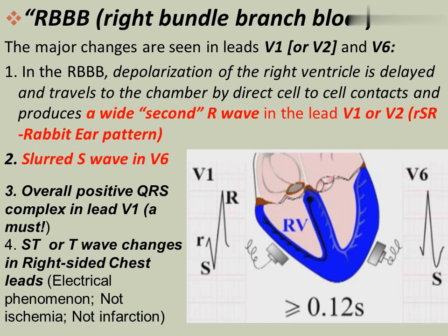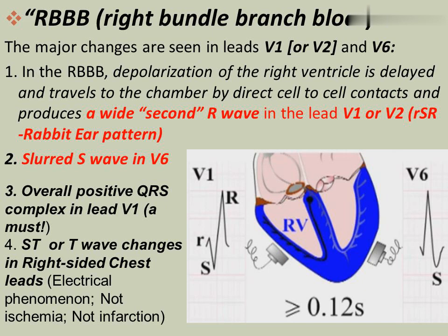RBBB, right bundle branch block. The major changes are seen in leads V1 or V2, and V6. 1. In RBBB, depolarization of the right ventricle is delayed and travels through direct cell-to-cell contact and produces a wide second R wave in lead V1 or V2, the RSR rabbit ear pattern. 2.